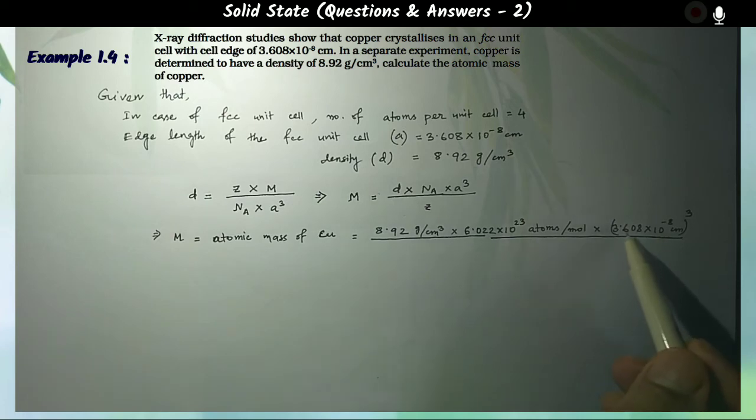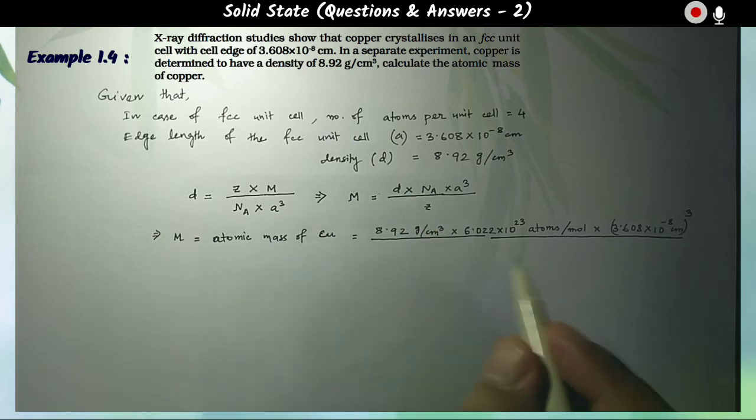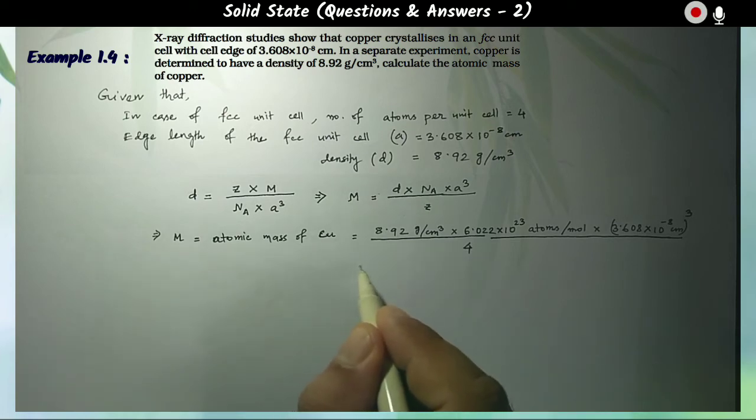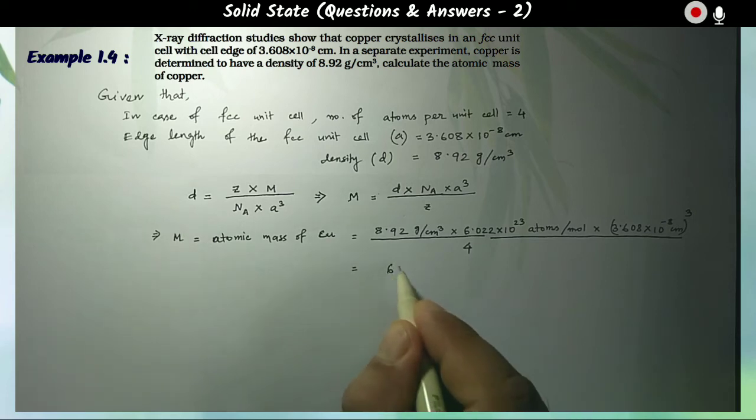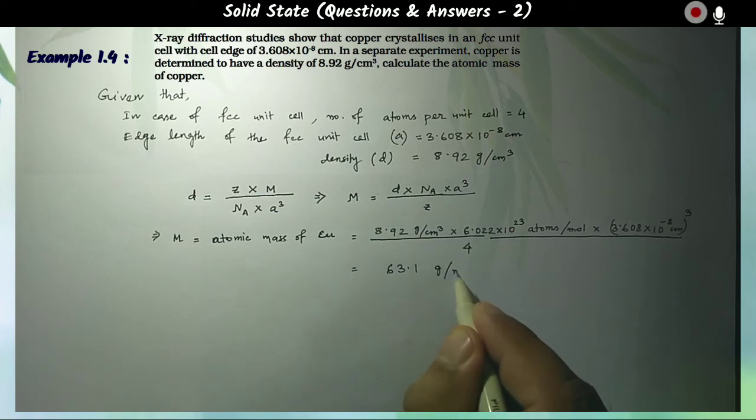So we know the value of A, so here we put the value of A, 3.608 into 10 to the power minus 8 centimeter, and we just cube this one. And for FCC unit cell we know the value of Z is equal to 4. So we have to just do simple mathematics. By using a calculator, we can get the value as 63.1 gram per mole.